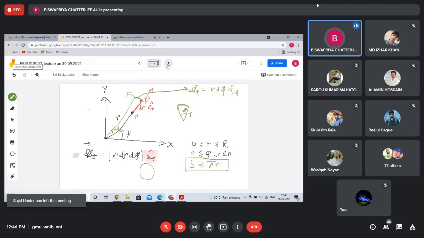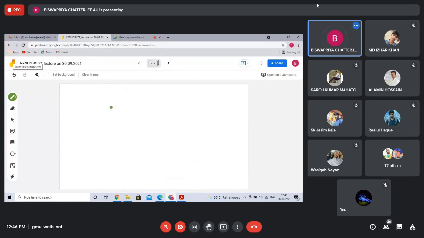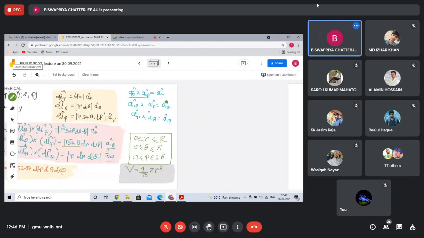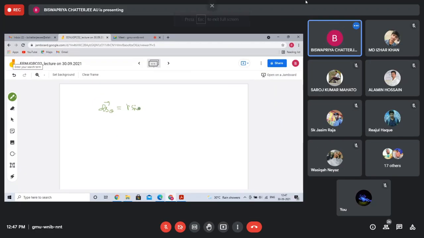Like in this formula, let us say ds theta is equal to r sin theta dr d phi, R sin theta dr d phi, along the theta cap.